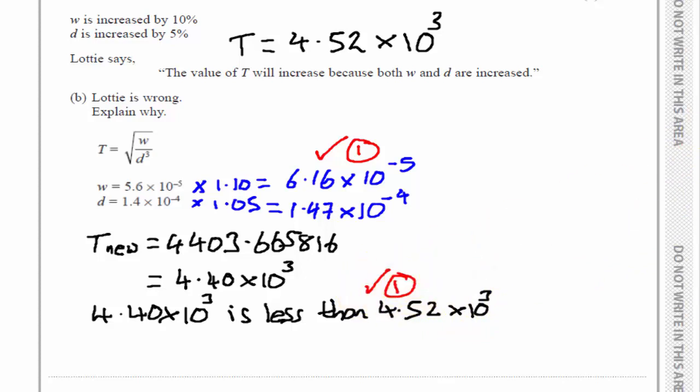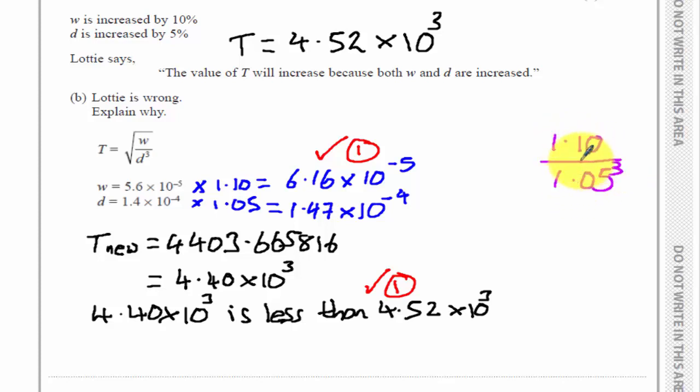There is a quicker way. It is more complicated, but I'll show it to you. W is increased by 10%. So to increase something by 10%, I multiply by 1.10. D is increased by 5%. So I multiply by 1.05. D is cubed.